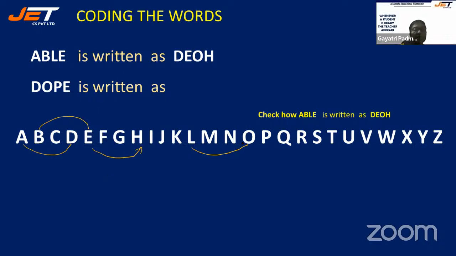So L is written as O. A is written as D. B is written as E. Right. So now you can easily find out what to write for D.